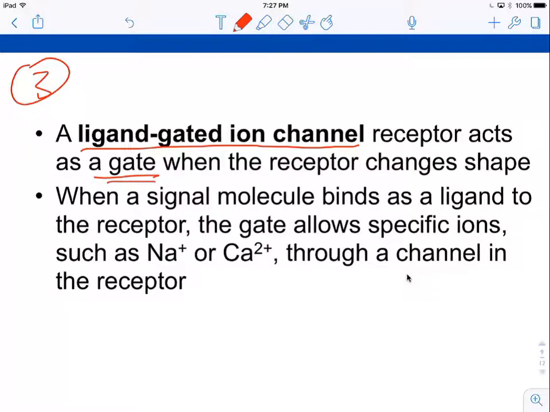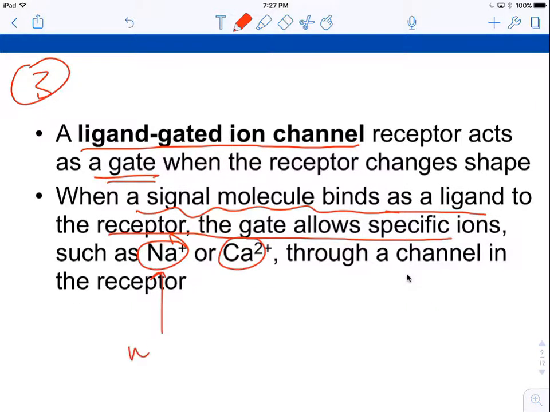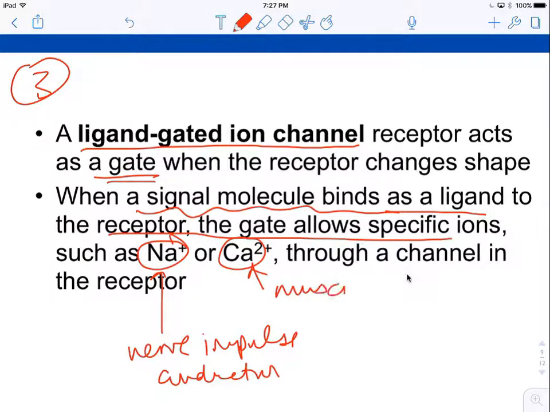So when a signaling molecule or ligand binds to the receptor, the gate opens to allow specific ions like sodium or calcium through a channel in the receptor. Sodium ions are associated with nerve impulse conduction, and calcium ions are associated with muscle contraction.